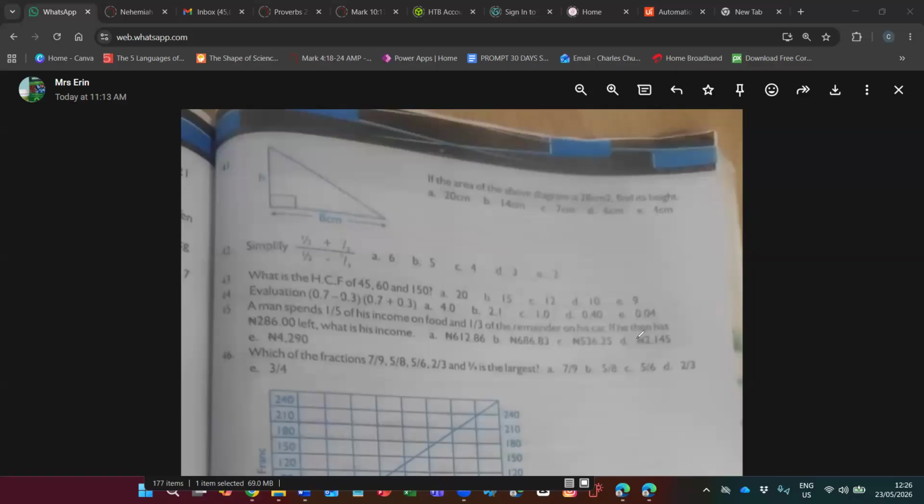He first started with a fraction, 1/5 of his income on food. So if I were you, I'll first represent my 1/5 there. 1/5 on what? Food, isn't it? Can you guys see my screen?